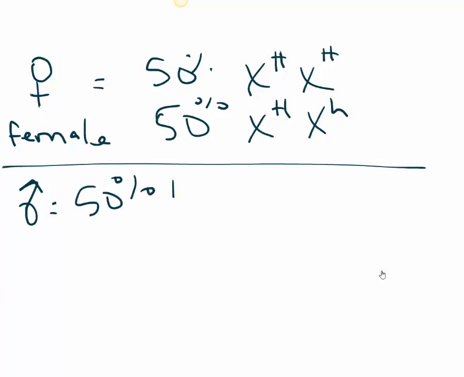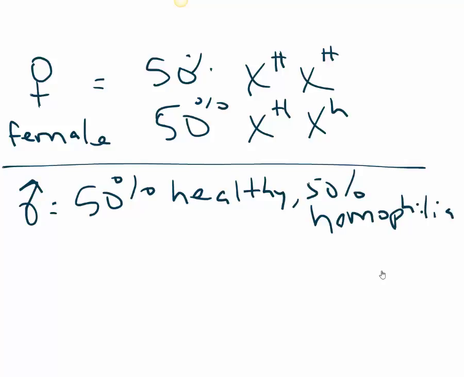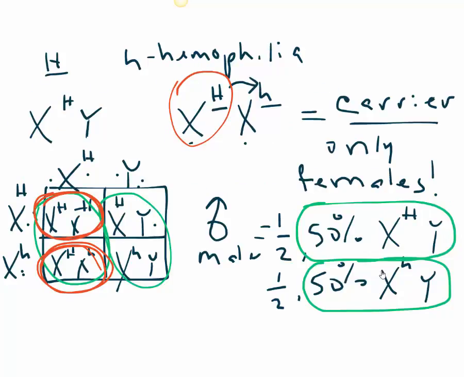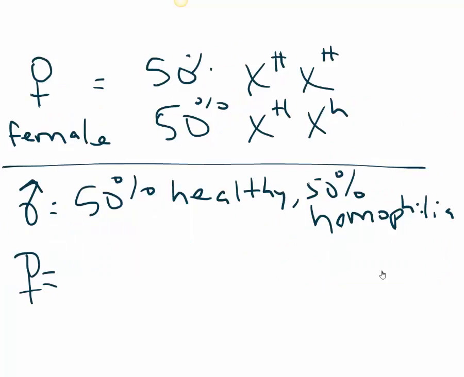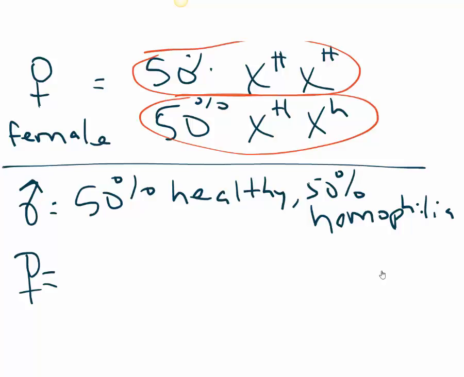So 50% healthy, and 50% are going to have that clotting problem of hemophilia. And of the females, we can see 50% normal and 50% also normal, although they're carriers of that small allele, they don't express it. So we can say here 100% healthy.